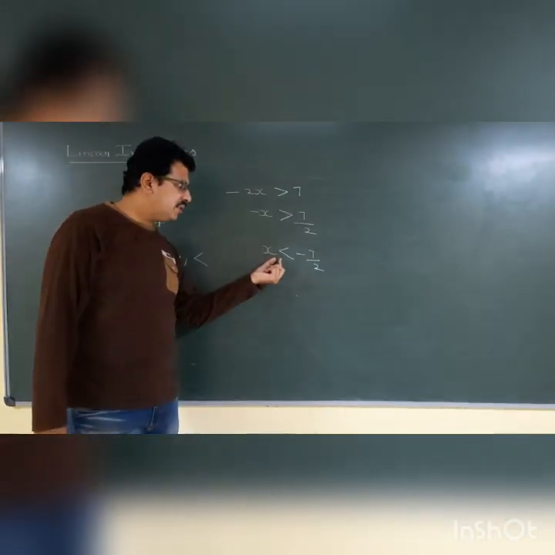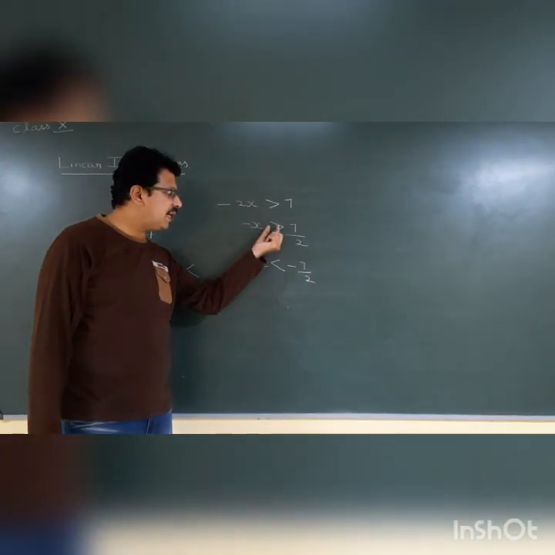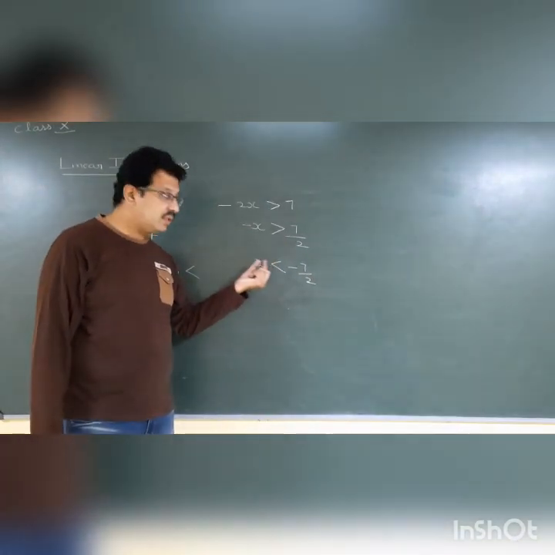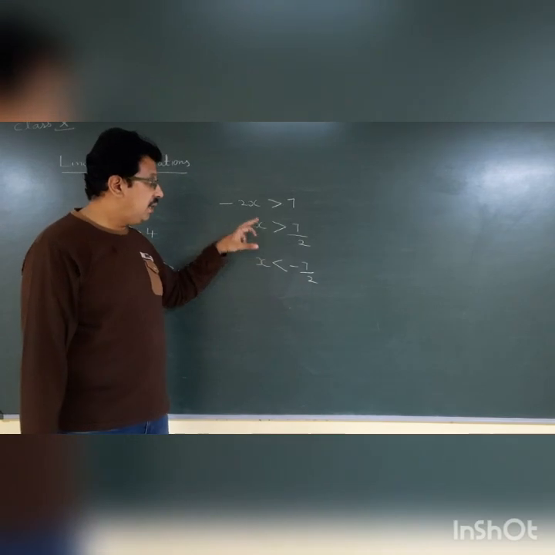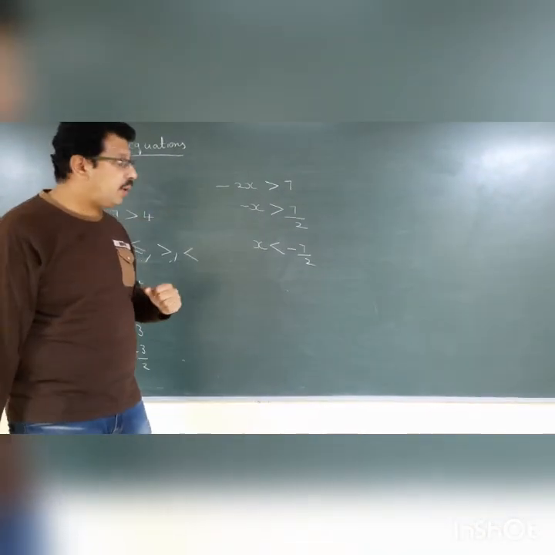So we are multiplying both sides by minus, and the inequality changes. Greater becomes less. This is one of the very important steps, so children, you need to observe very carefully.